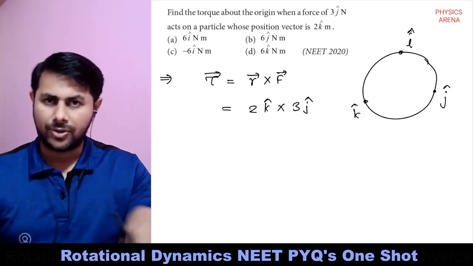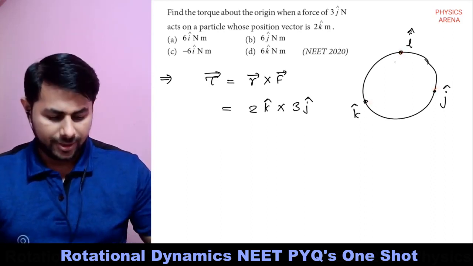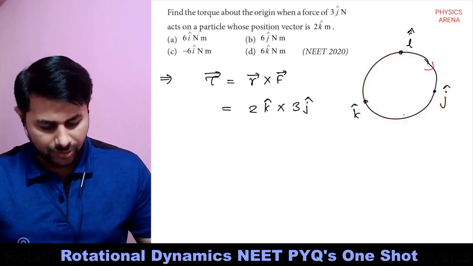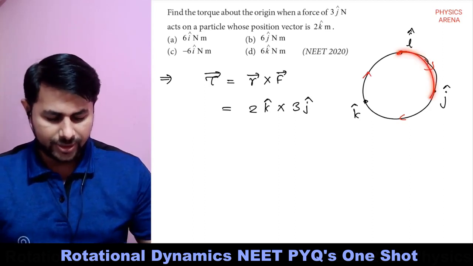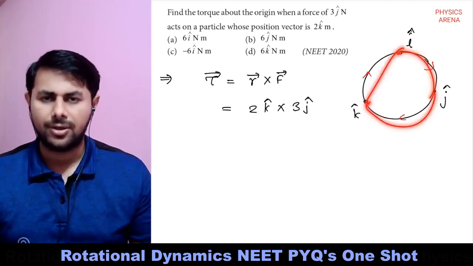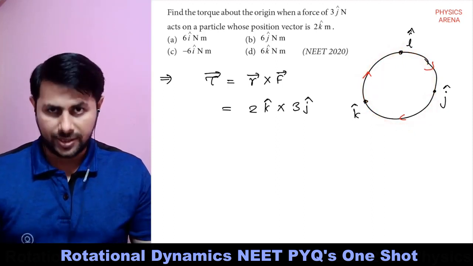So we draw a circle. Then we mark 3 points like this. If we go in cyclic order, that means from i to j, j to k, and k to i, so i cross j is equal to k, j cross k is equal to i, and k cross i is equal to j.